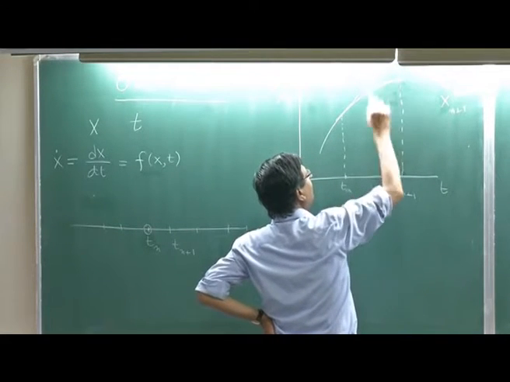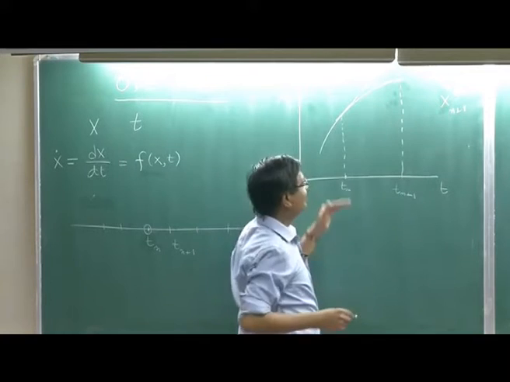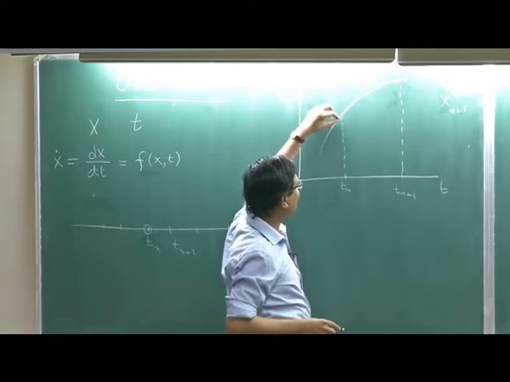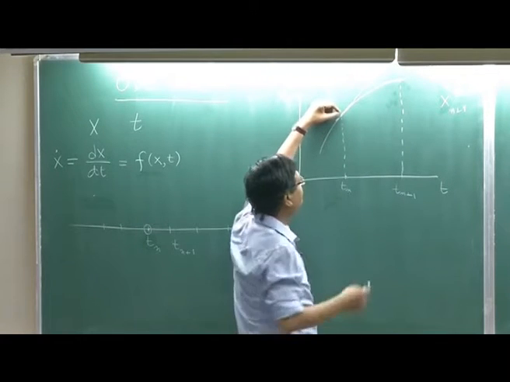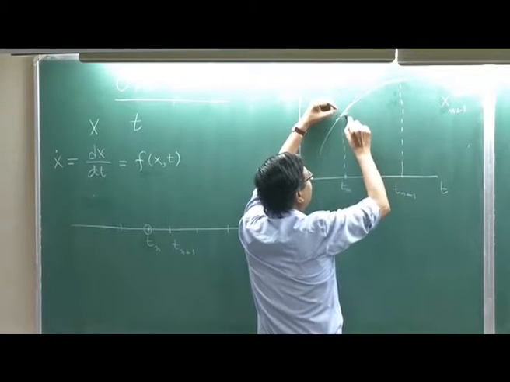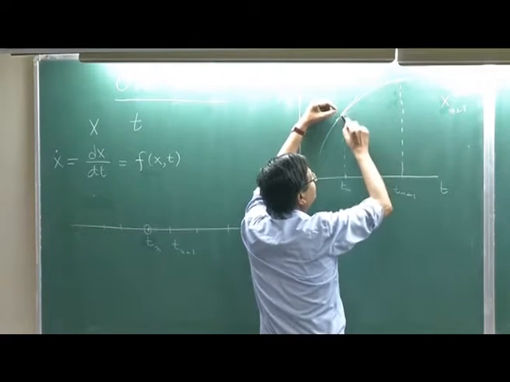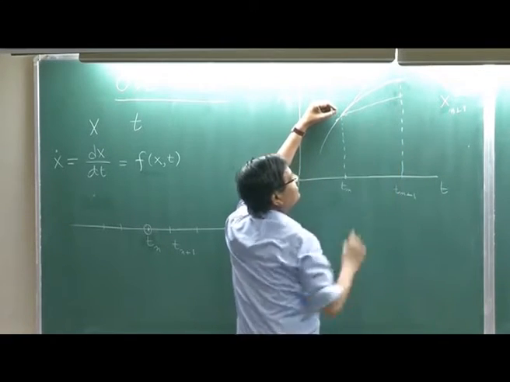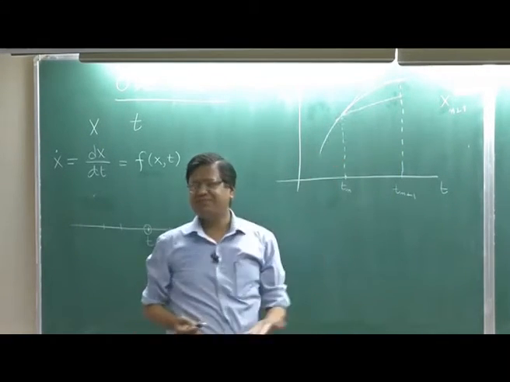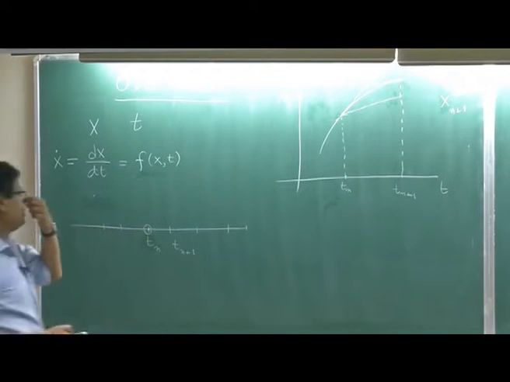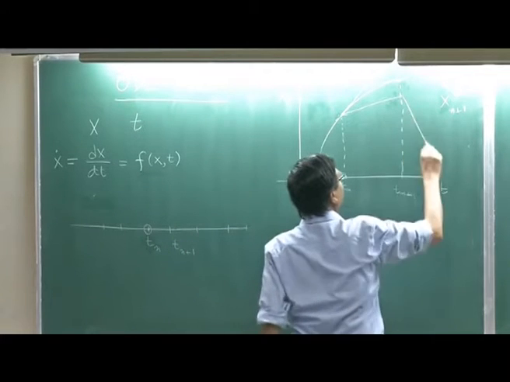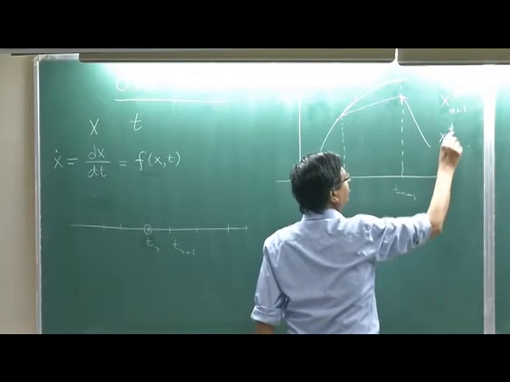Then I can use this slope to extrapolate from my present position, parallel to this, and I reach here, which again is an underestimate. I am not able to reach the correct value, but this is called backward. So x backward.